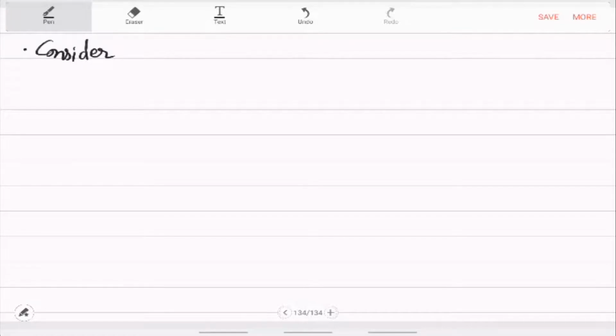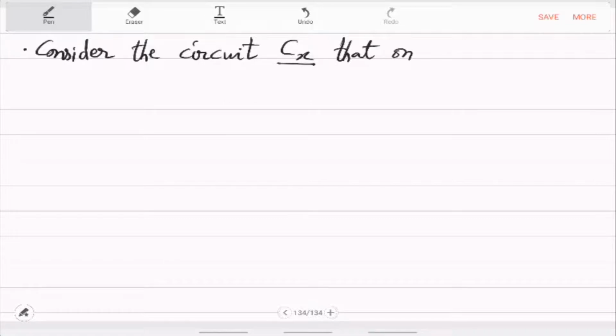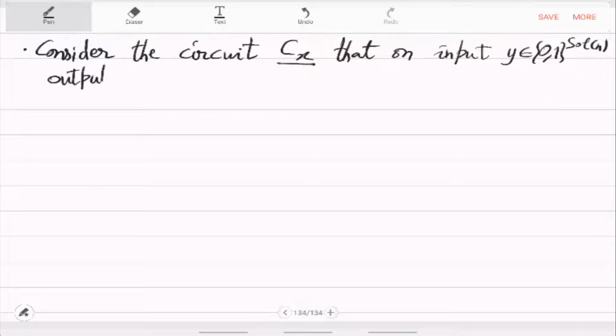Consider the circuit C_x, where X is fixed in this argument, that on input Y outputs 1 if and only if M(x, y) is equal to L(x).